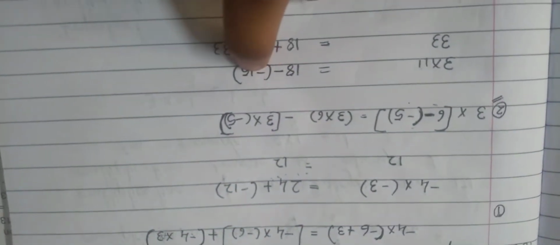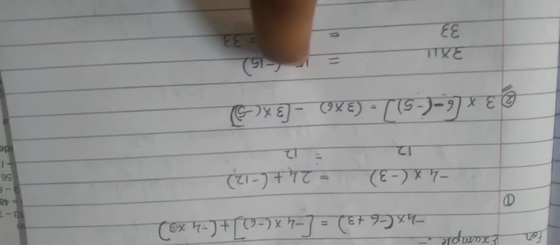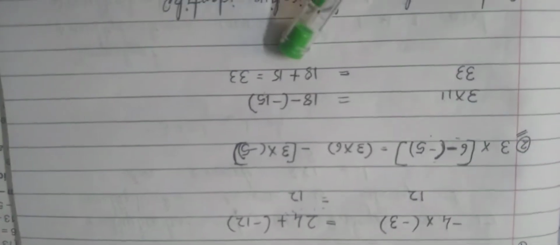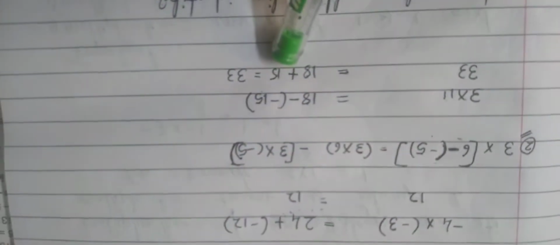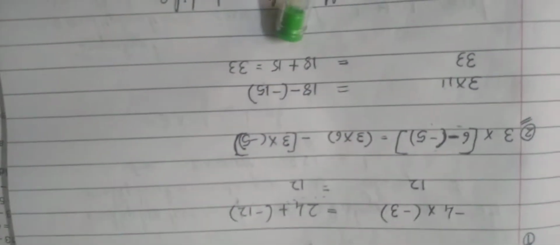So this is going to be negative, and the answer is going to be 18 plus 15, which is here. So that's it, the sum is solved.